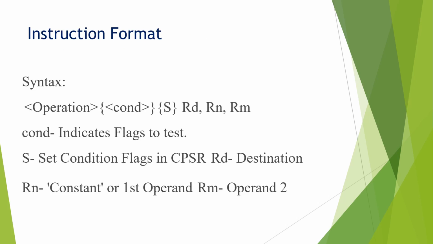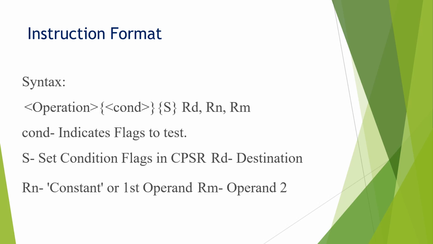This is the instruction format. First the opcode and then the condition flags, and the S along with the condition tells that the condition flags are set. It will be reflected in the CPSR register.